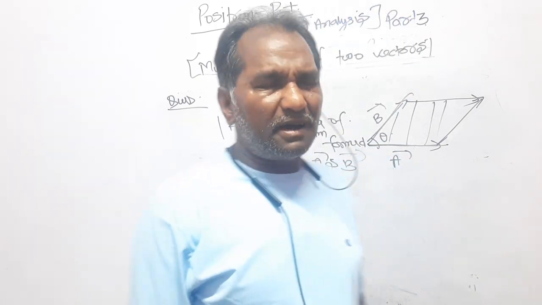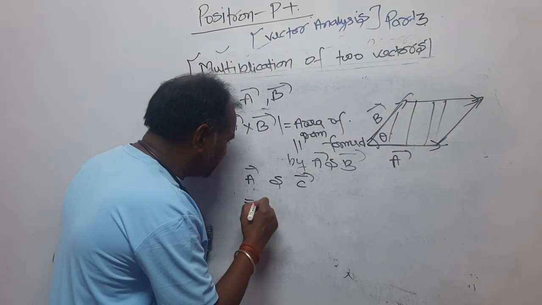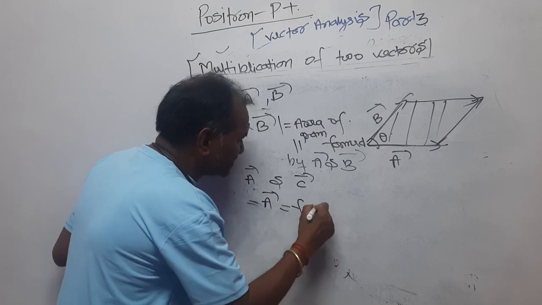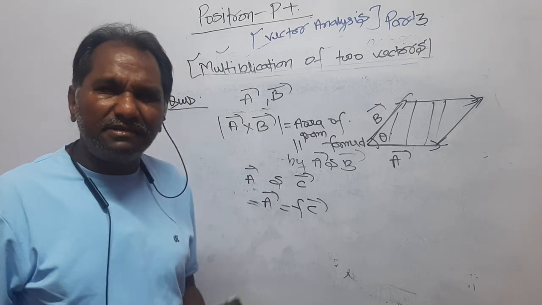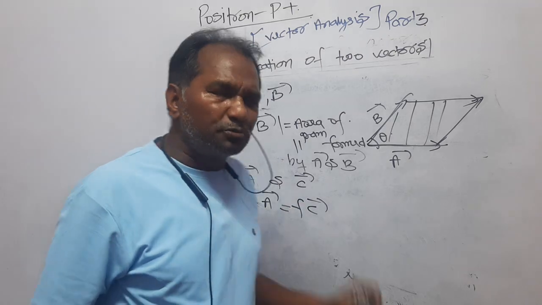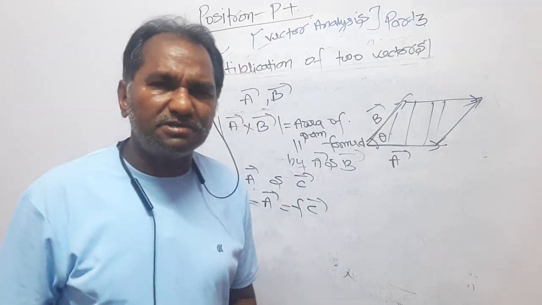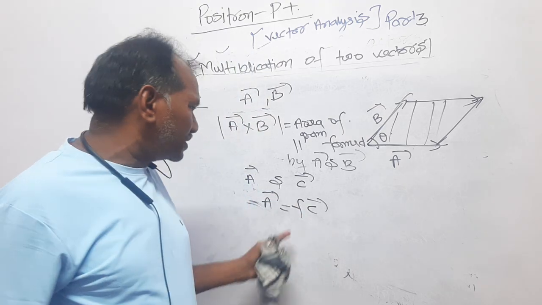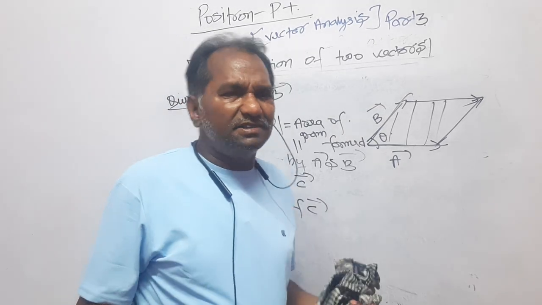They might differ in magnitude. You can write vector A is equal to some fraction of vector C, or vector A might be 2 times vector C, 3 times, 2.2 times, 4 times, 6.8 times, whatever, some fraction or integer.